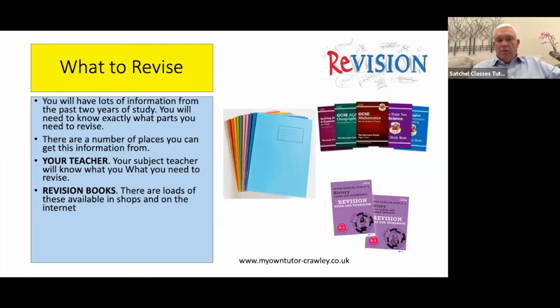There are loads and loads of revision books out there. CGP, as you can see, the pictures on there are really, really good. They're quite reasonably priced as well. If you speak to your subject teachers, they quite often will buy them for you. Not buy them for you, I should say. They will order them for you directly from the publishers, and they normally get them quite a bit cheaper, even cheaper than Amazon.